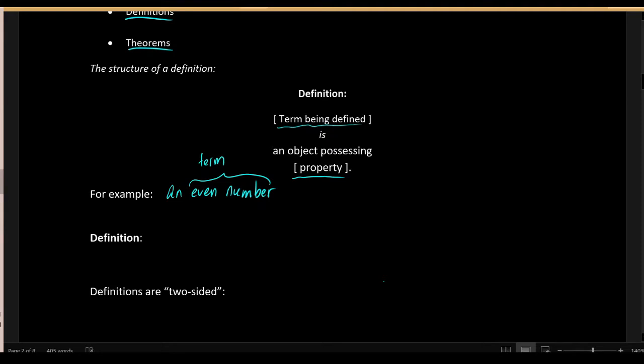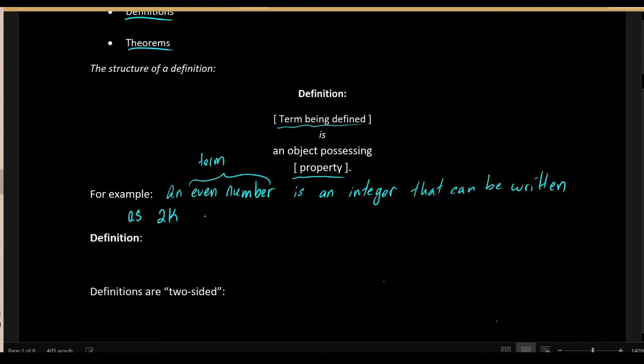What property must be satisfied in order for a number to be considered even? An even number is an integer, a whole number, so no fractions, no decimals, that can be written as 2 times some other integer.